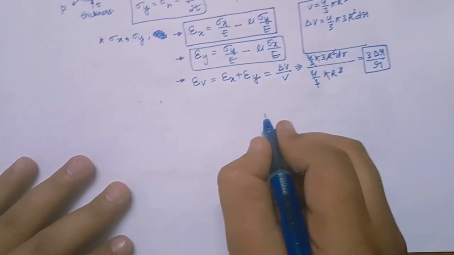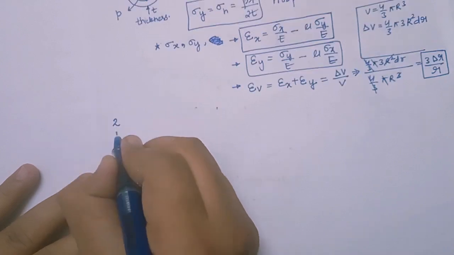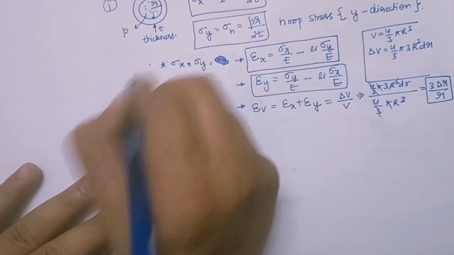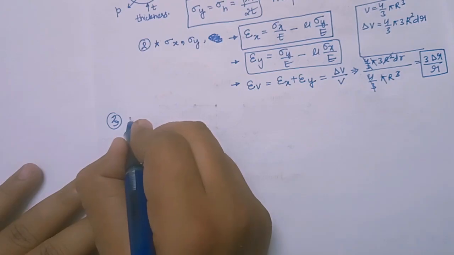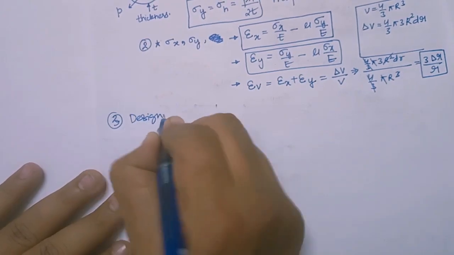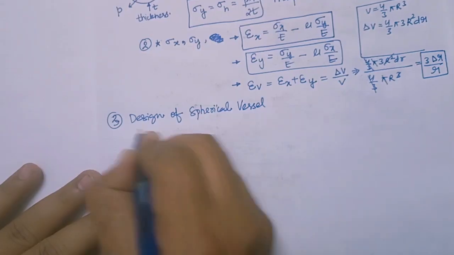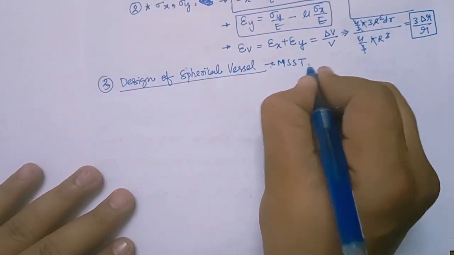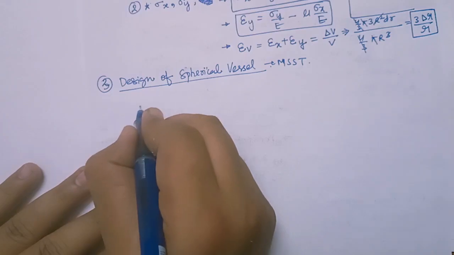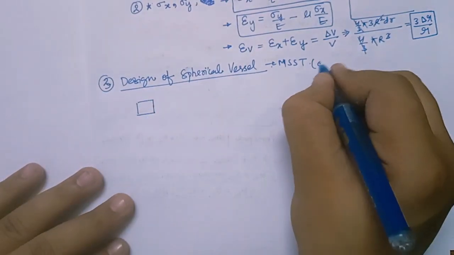This is volumetric strain. You can take it as the second point. Now we have the third point, design of spherical vessel. If I want to do the design, I am going to use MSST. Here sigma z is 0.